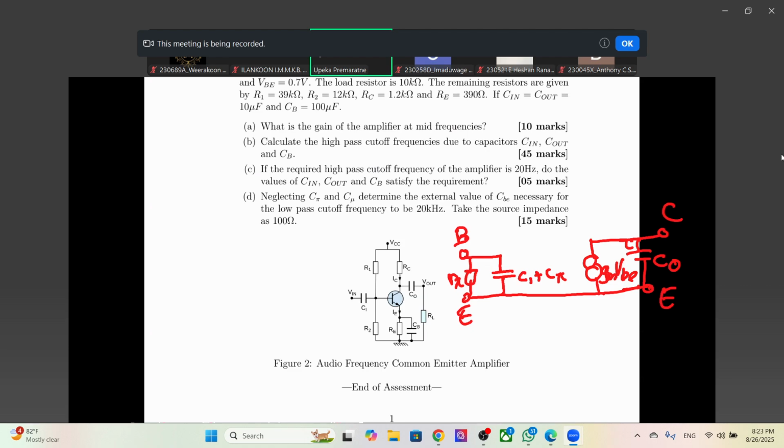So we saw how, when we derived the circuit, we got the Thevenin equivalent resistance R1 parallel to R2. Sorry about the messy drawing.